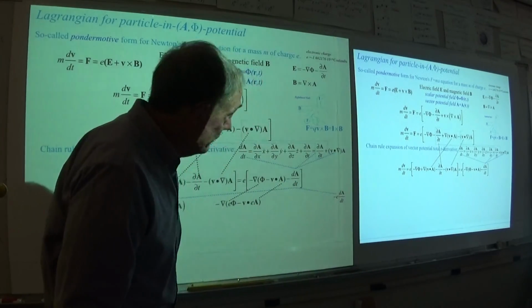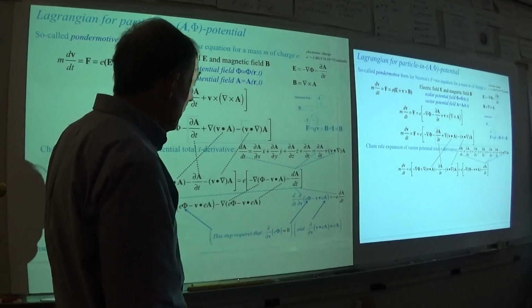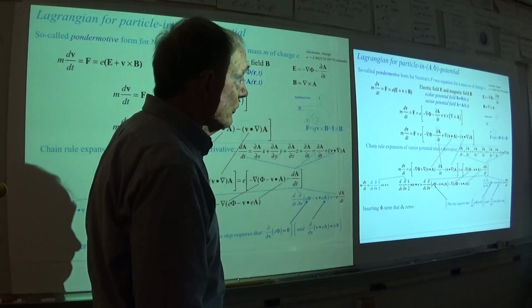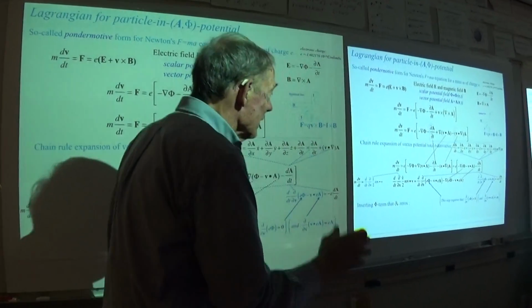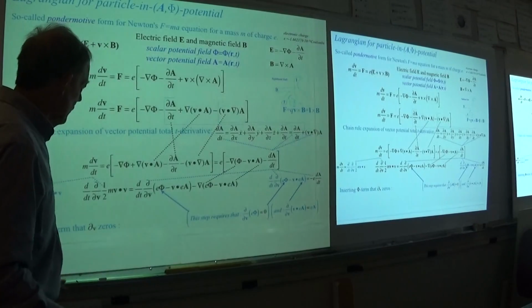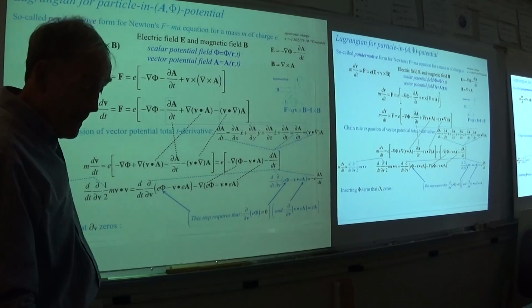So eventually, the whole idea of this is to put it together in a form that represents or resembles the Lagrangian equations. This is where you sit there and scratch your head and figure out how do I make this into something that behaves like the Lagrangian equations.